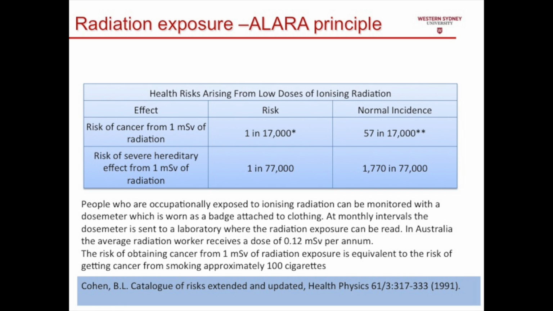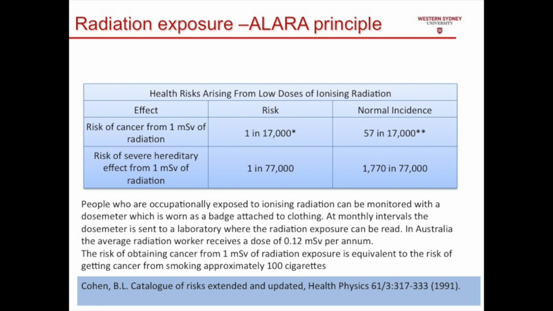When referring people for imaging, it is important to determine if they may be occupationally exposed to radiation. These may be people that typically work in chemical plants, mining, and potentially within the medical environment.